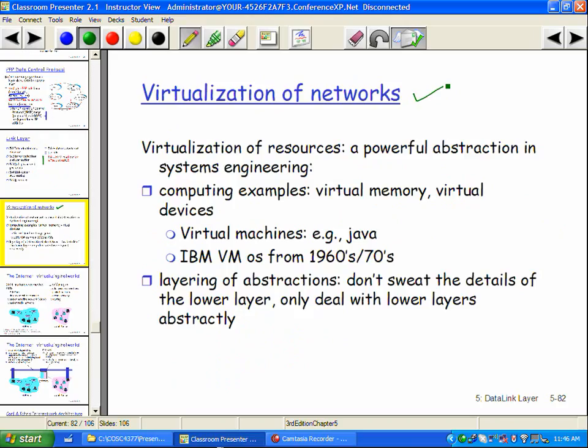Okay, so what does virtualization mean? So Java, you use Java virtual machine? Why is it a virtual machine and not a real machine?